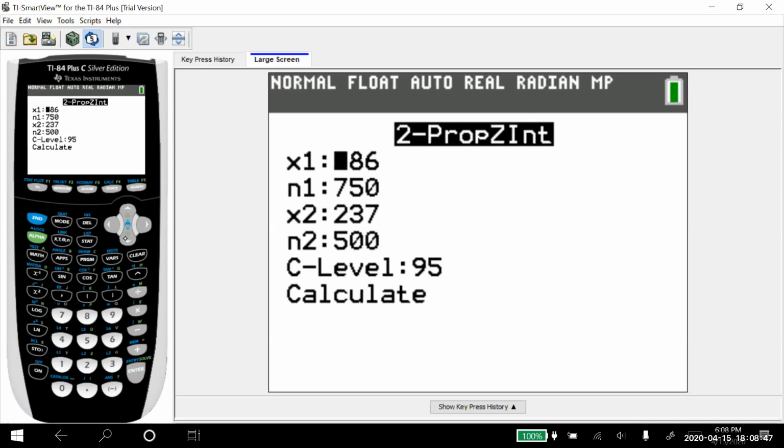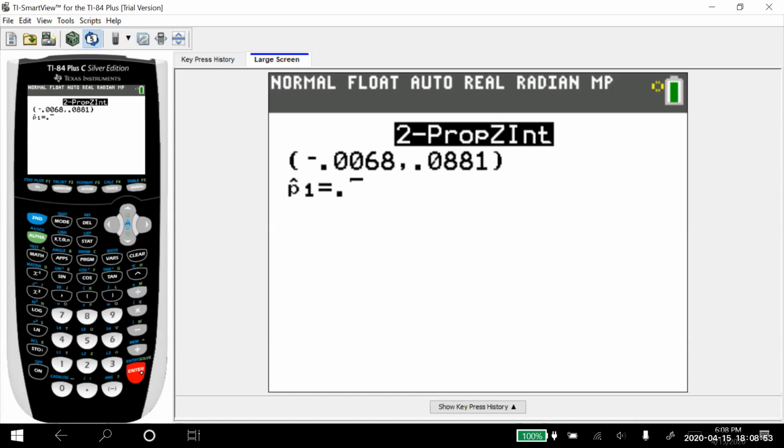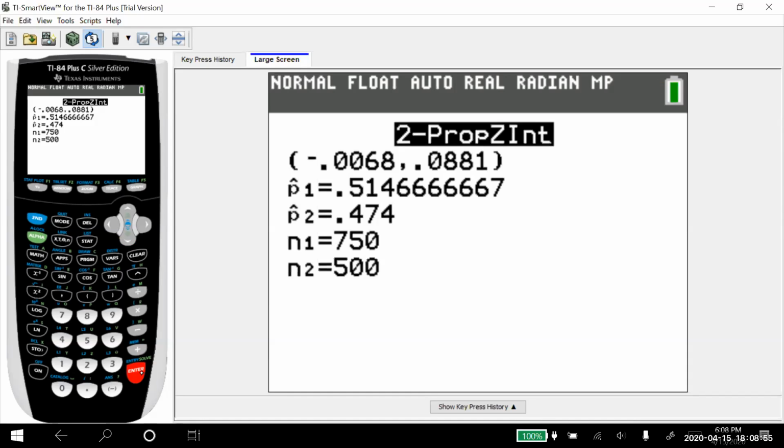Now it says a 95, but I said a 90% confidence interval, so we'll change that. And we'll calculate. And I get to 2 decimals, 0.0, we usually go to 3 decimals, don't we? 0.007. So let's see, negative 0.007 and positive 0.088.